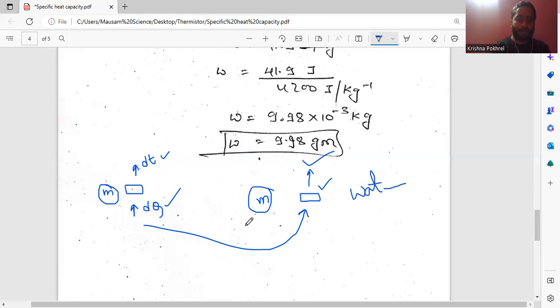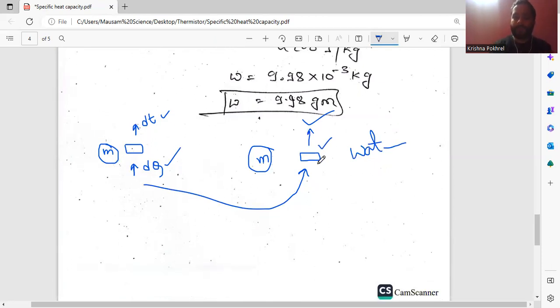For any substance, if you supply a certain amount of heat, a certain rise in temperature will be there, that is obvious. For water, if you supply the same amount of heat and for the same degree rise in temperature, what amount of water is required, that is the water equivalent. I hope I made you clear about this.